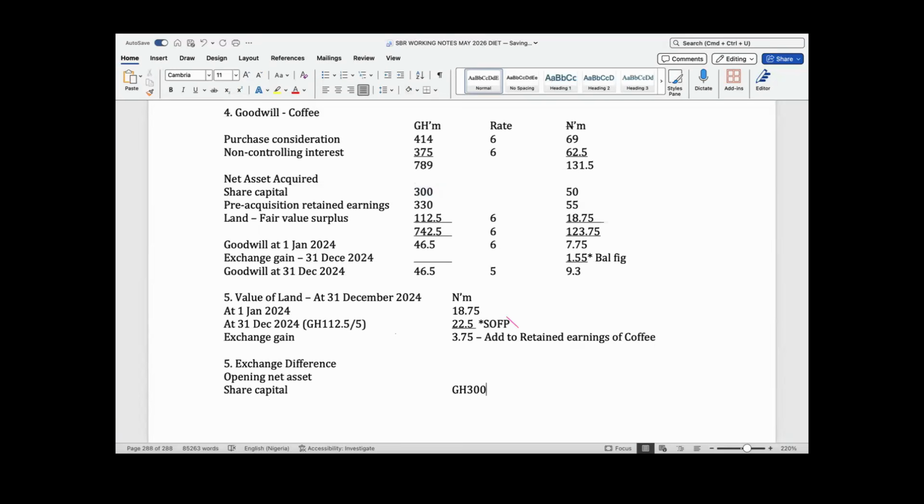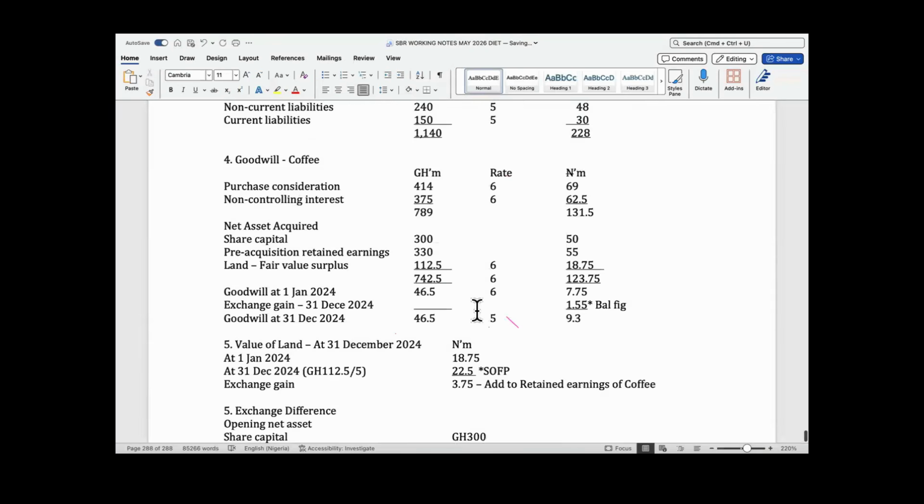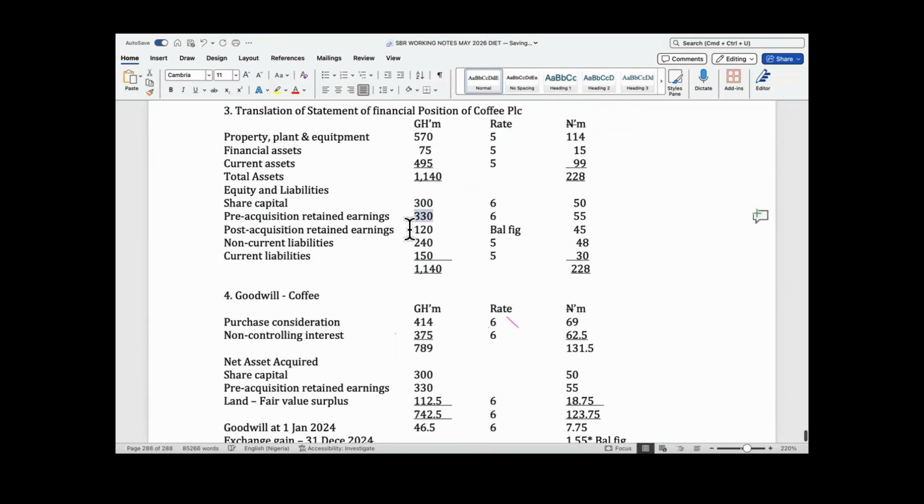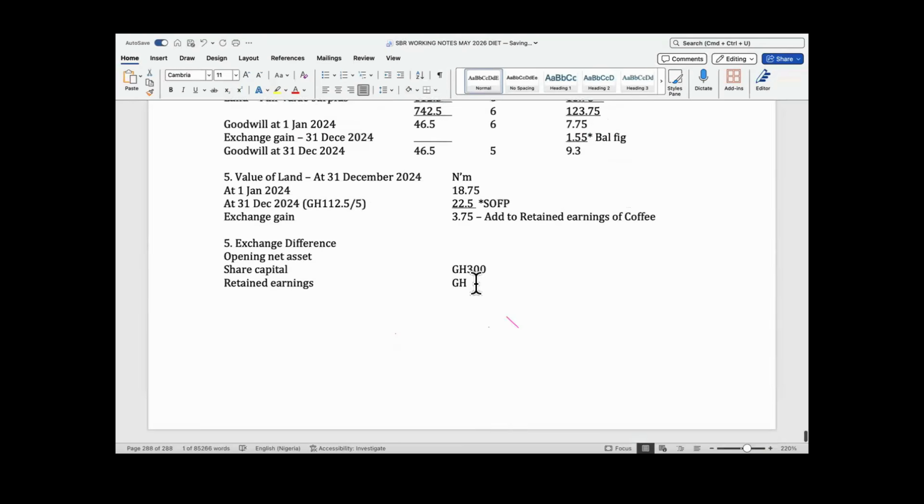Then I will do my retained earnings, pre and post, in Ghana cedis, which was 450, which is this 330 plus 120, which is 450. So this gives me my closing net assets in Ghana cedis, which is 750.